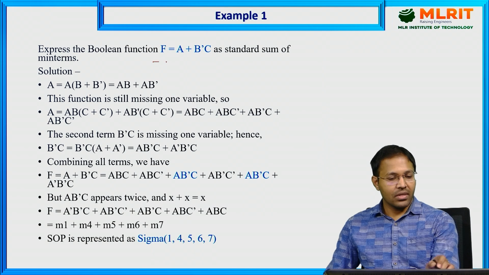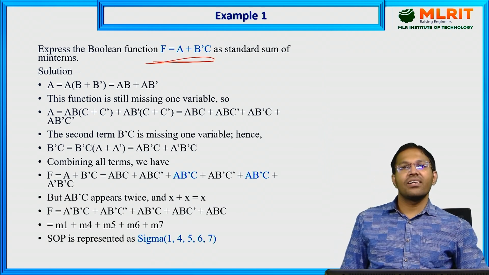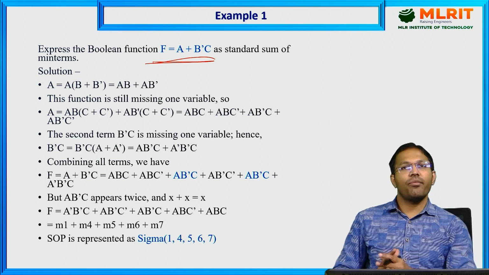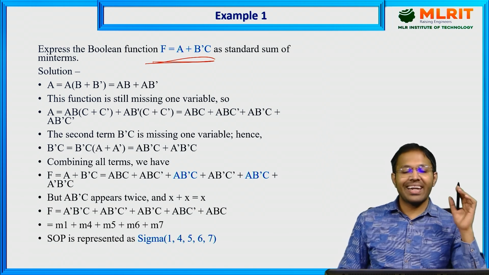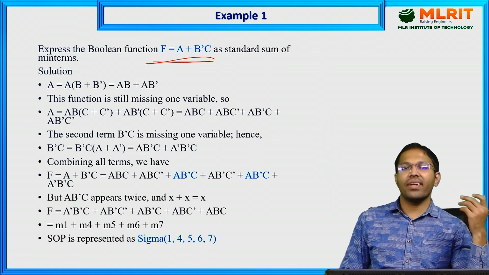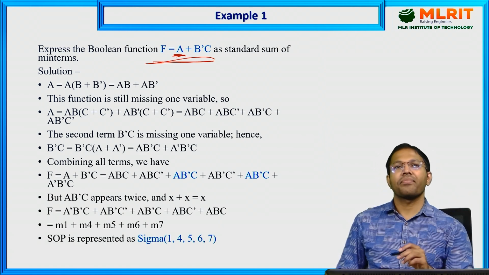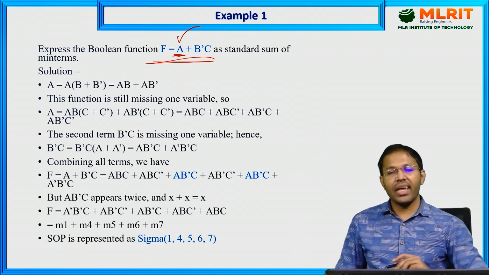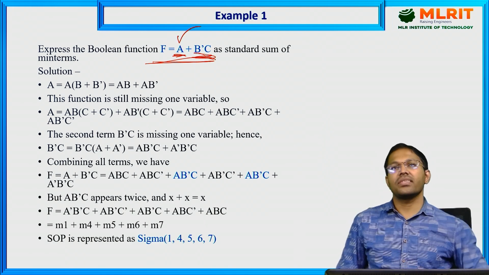Suppose this is the standard form of a Boolean expression. Standard form need not contain all the variables. For example, here you only have A. In this case, B and C are missing. Here, A is missing.